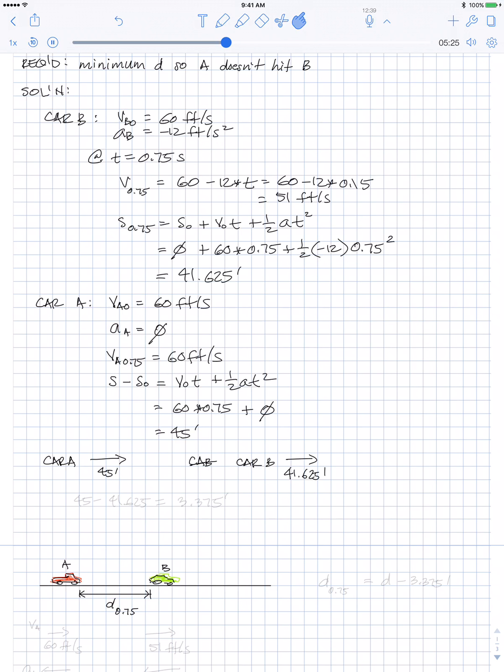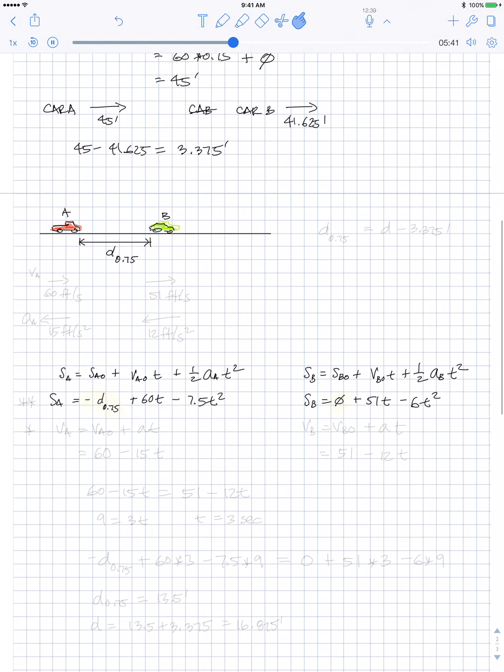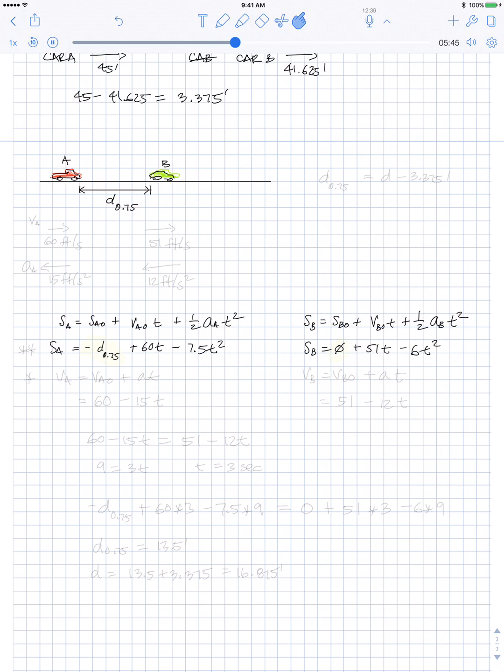So car A is going to overtake car B and it'll crash. In fact, 45 minus 41.625 is 3.375 feet. So car A has gone 3.375 feet farther forward than car B. So one answer would seem to be 3.375 feet.